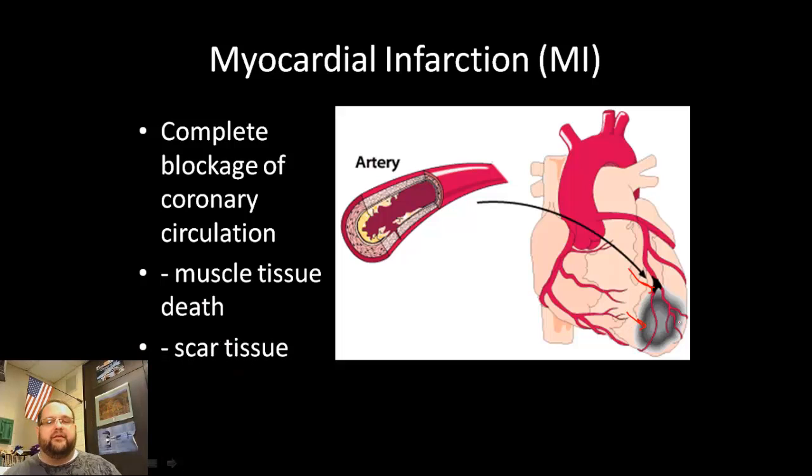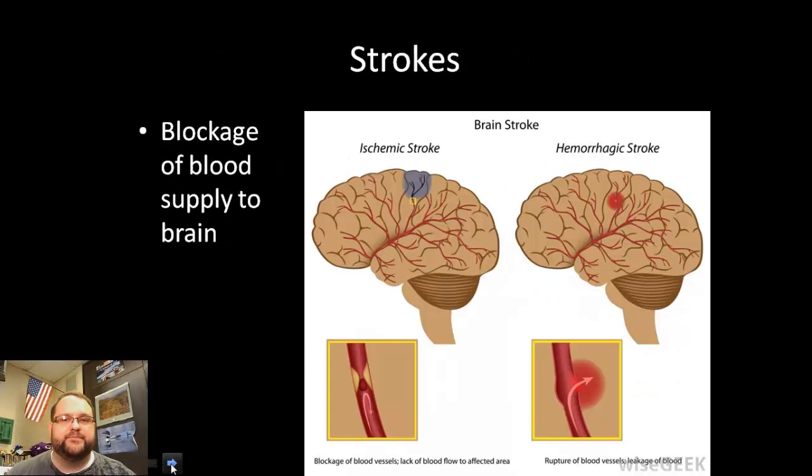The other problem is sometimes we can have blockages of smaller arteries over here, some of these minor ones, and it's not going to cause the major tissue death that'll cause a heart attack, but it will cause scar tissue to build up in that muscle, and that makes it very difficult for the heart to work properly, and that buildup of scar tissue can be very dangerous to your heart. So that's a myocardial infarction or heart attack.